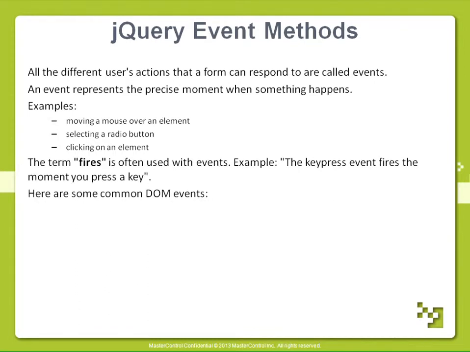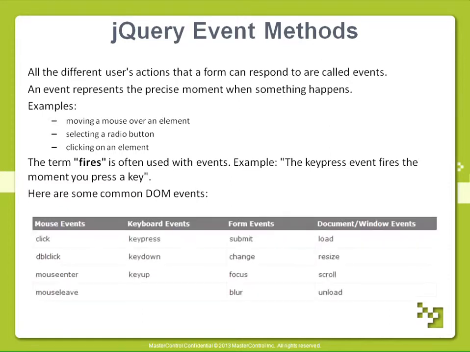The term fires is often used with events. For example, the key press event fires the moment you press a key. So there's actually an event in jQuery where if you start to type, that's pressing a key. Here are some more of the common DOM events.